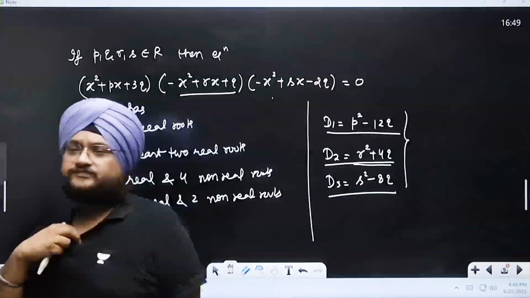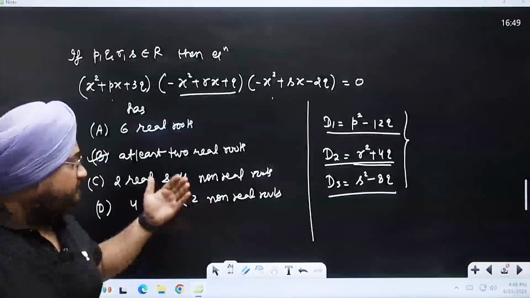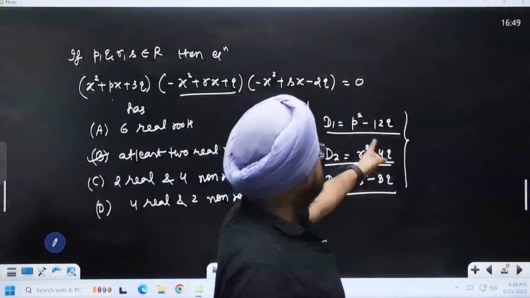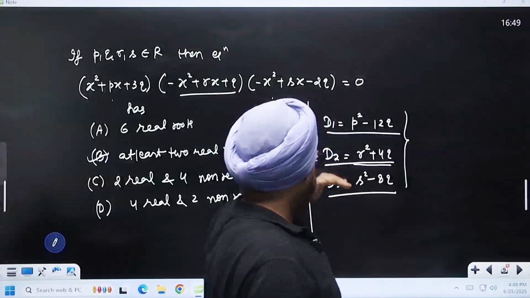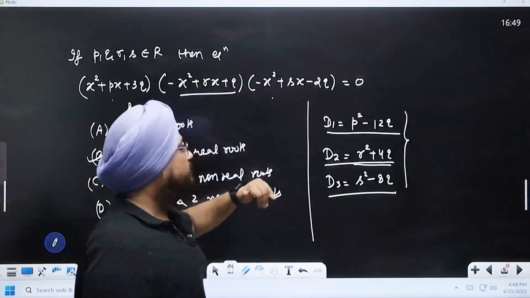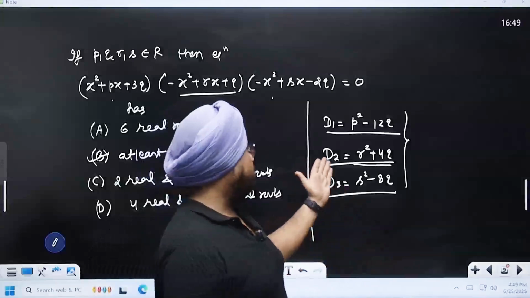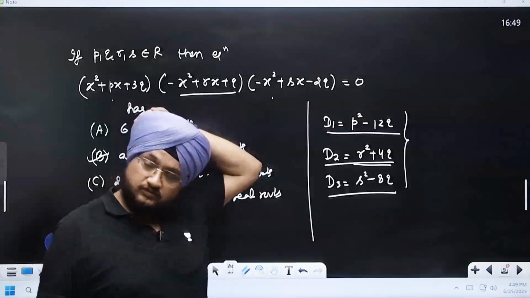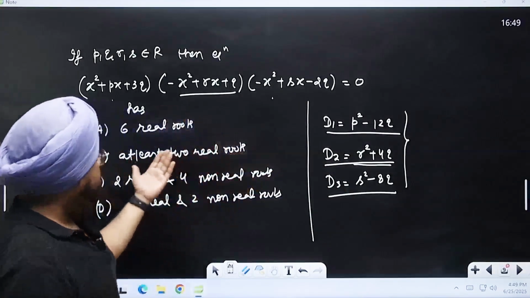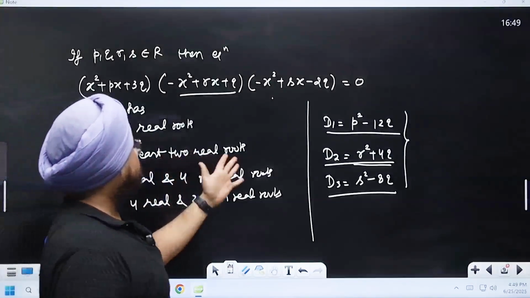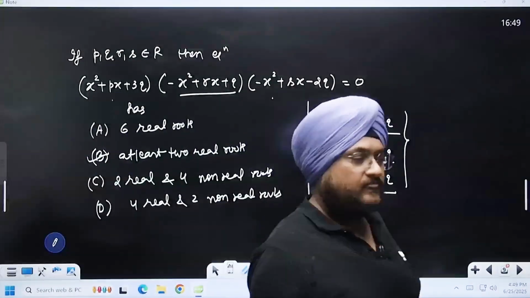Okay. If Q is positive, then D2 is surely positive, two real roots. We do not know anything about the first and third equation. Similarly, if Q is less than 0, there are four real roots, and we do not know about the second equation. So if we do not know, then we will go for the safer option: the equation will have at least two real roots.